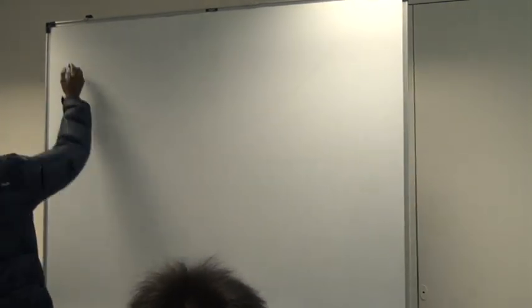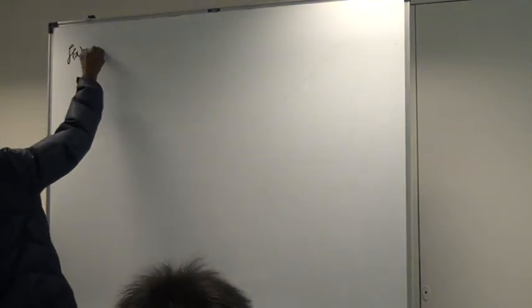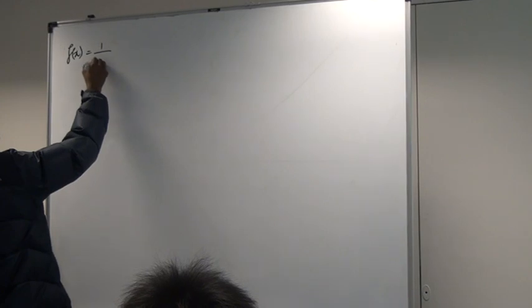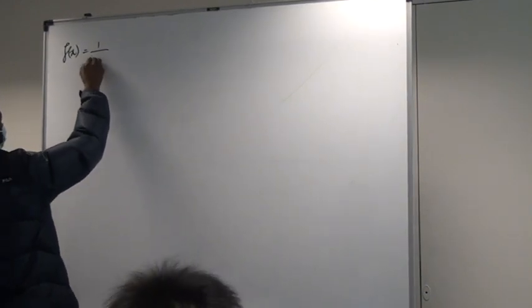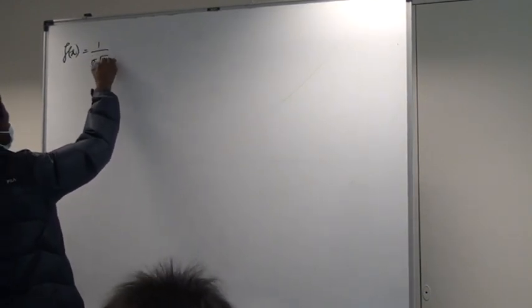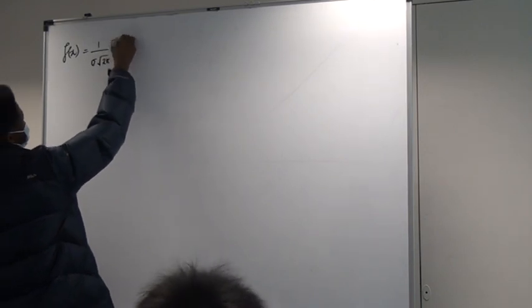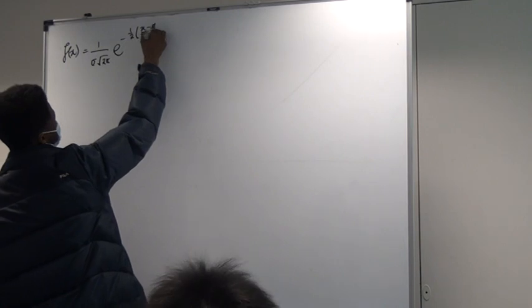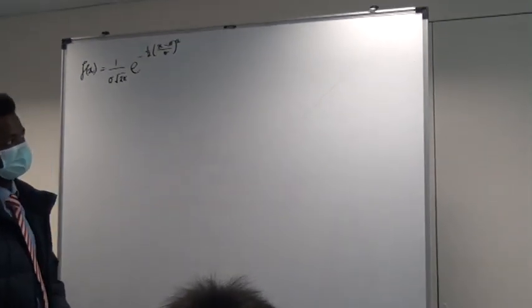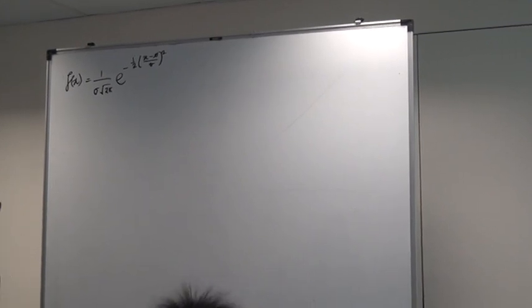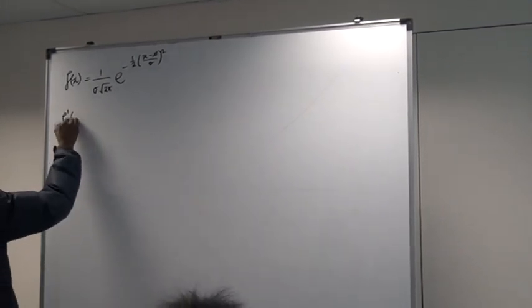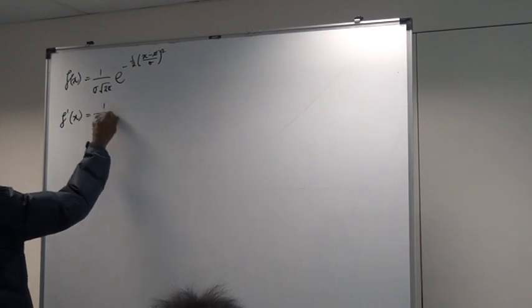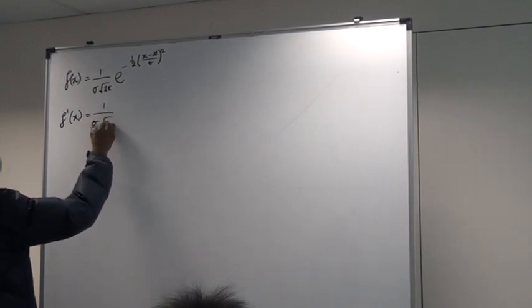But basically, our f of x is equal to 1 over sigma root 2 pi, exponential minus x minus mu divided by sigma, all squared. Okay? To find the turning point, you differentiate, isn't it? So this is a constant, it's going to stay.